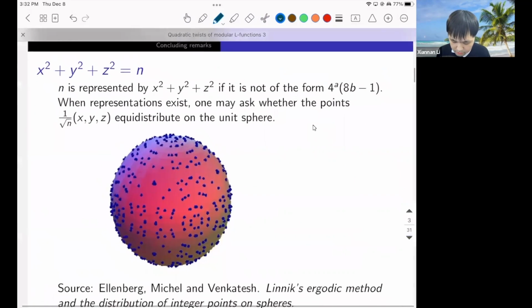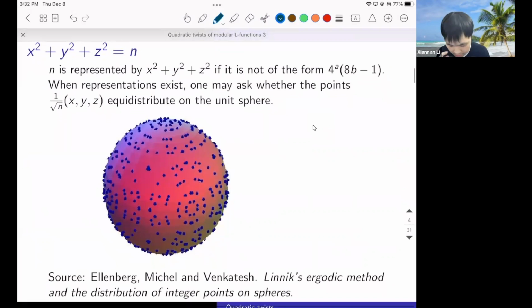So the first problem I want to talk about is this equidistribution problem from Linnik. If we think about the representation of a number n by a sum of three squares, it's well known that n can be represented as x squared plus y squared plus z squared if it's not of a certain form. This is a classical result of Legendre.